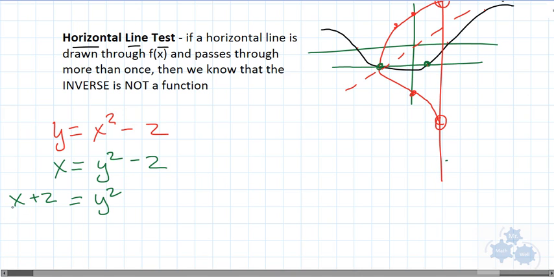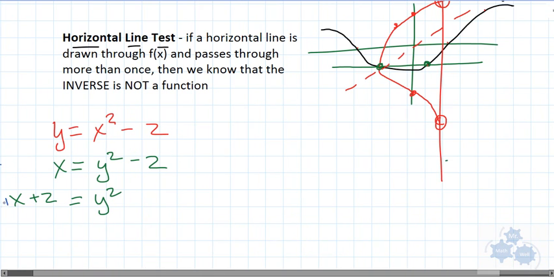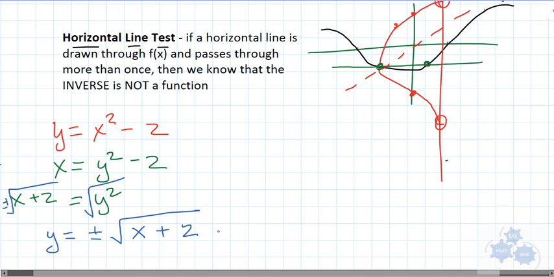When we take the square root of something, you have to remember that really it could be plus or minus the square root. So this would become y equals plus or minus the square root of x plus 2. This is the equation of the inverse right here.